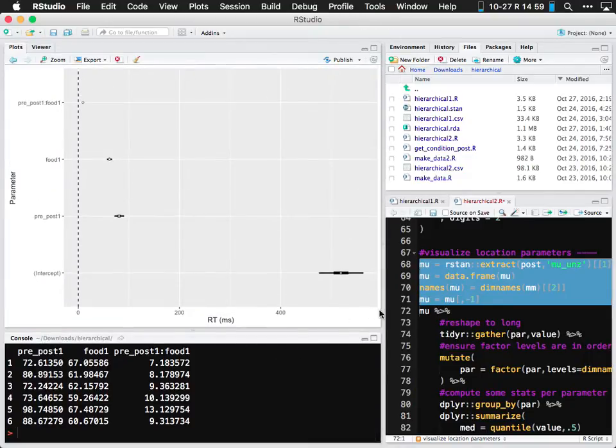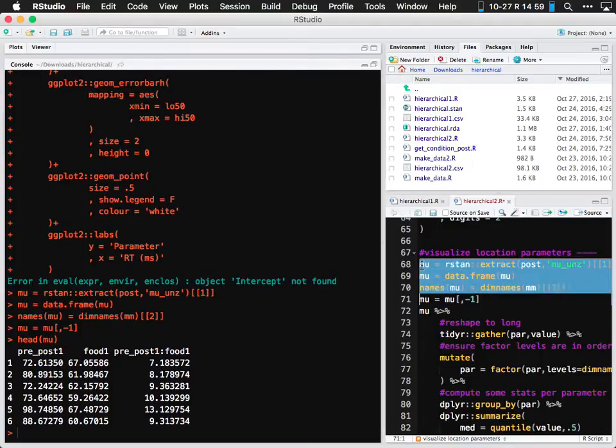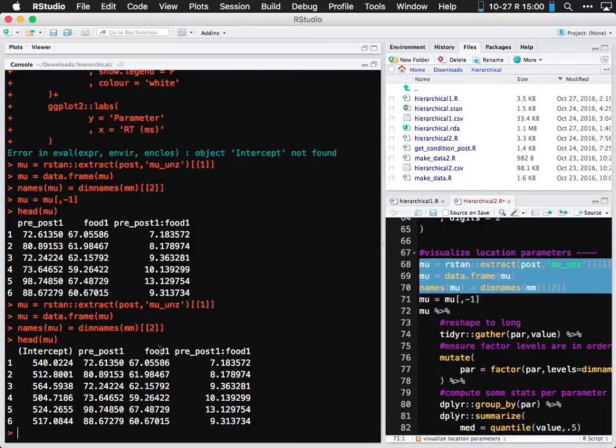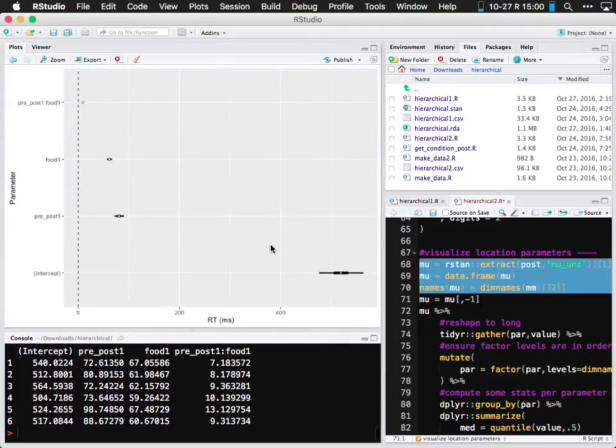Let me show you: if we run to just here and say head of mu, we've got 4 columns. I want to get rid of this first column because when we eventually did our visualization, the scale the graph has to have to show this one means that these ones are really tiny. So I don't want to have this row in my graph. So I need to get rid of the data in mu corresponding to the intercept.